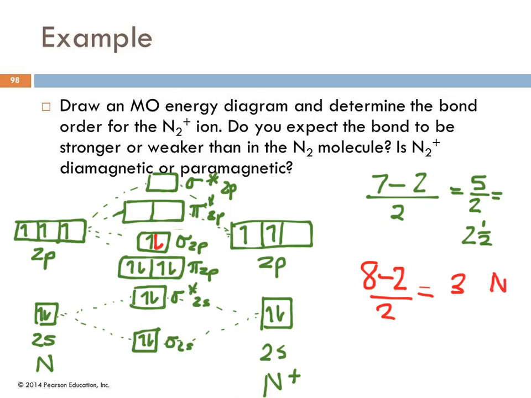That's for N2. This is N2 plus. So for N2 plus, the bond order is 2.5. Does that mean the bond is stronger or weaker? It's weaker than nitrogen, N2. I added this red one so that we could look and see what the bond order for N2 was.